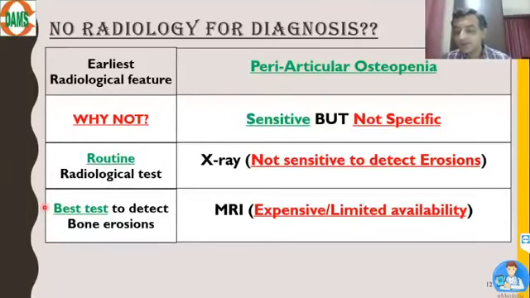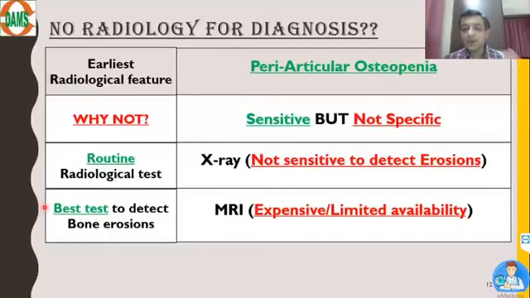So moral of the story, whichever way we look at it, radiology as a part of diagnosis does not fit in RA anymore, because what is early in RA is non-specific, and what is specific, erosion, is difficult to detect on routine examination. That is why radiology is not included.